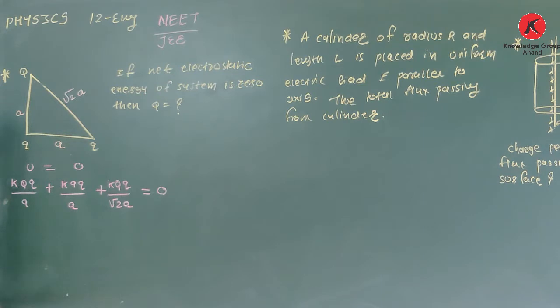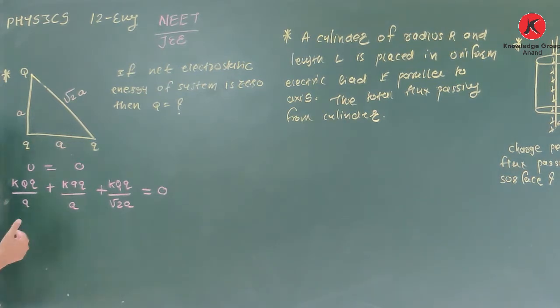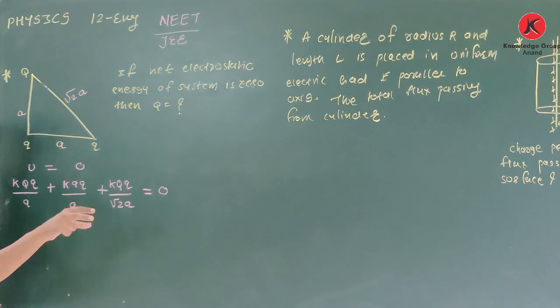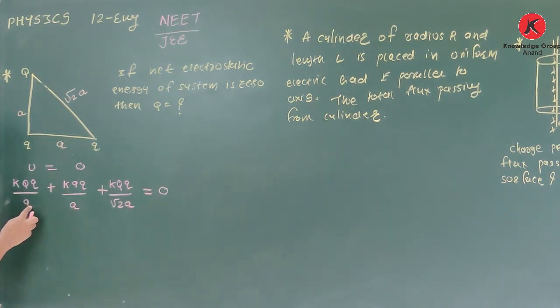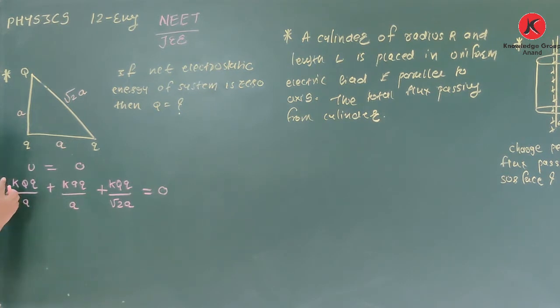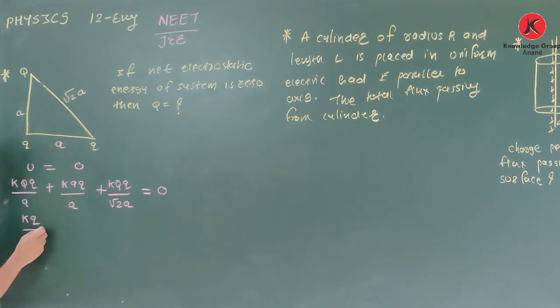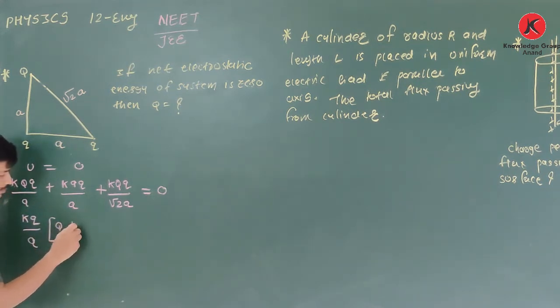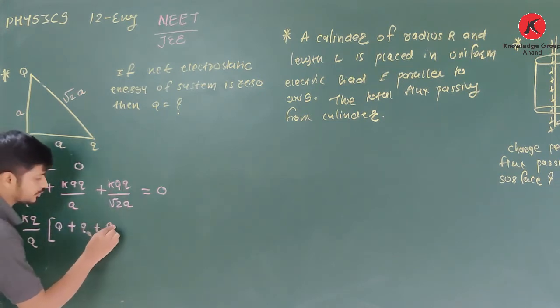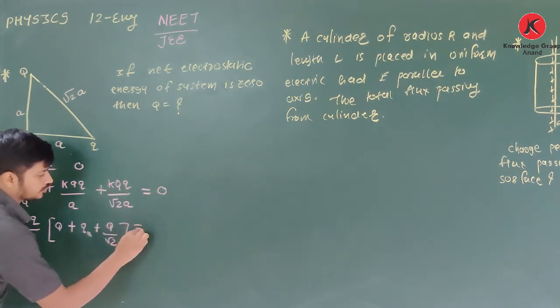So if we want to solve this question, how to solve it? Here we have K Q Q upon A plus K Q Q upon A. If I take K Q upon A as common, then in the bracket we will have Q plus Q, and plus here Q upon root 2, is equal to 0.